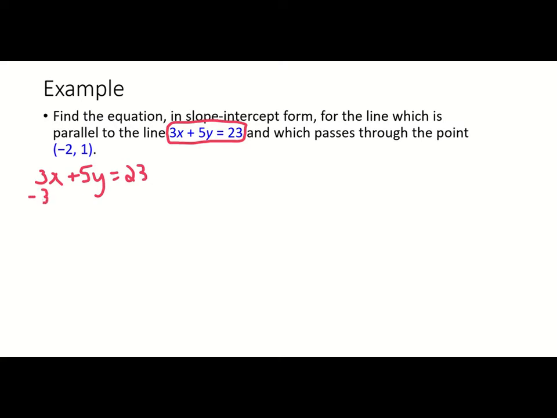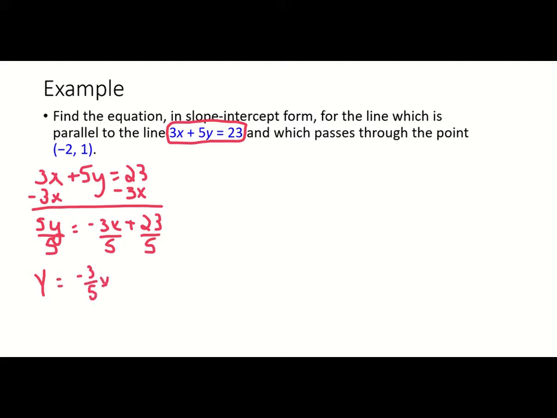So I'm going to subtract 3x from both sides, and that gives me 5y is equal to -3x plus 23. I'm going to divide everything by 5, and that means that y equals -3/5 x plus 23 over 5.